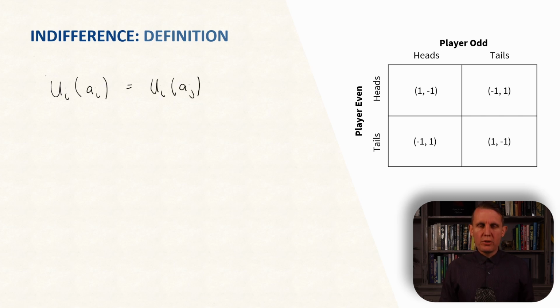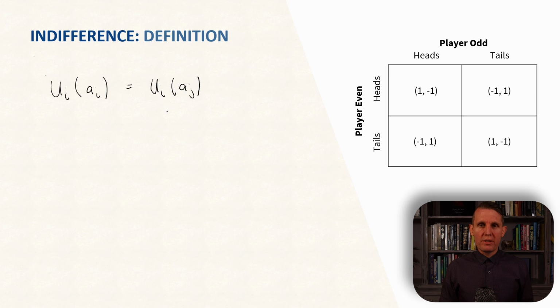In other words, for two strategies a_i and a_j that are available to agent i, the agent is indifferent between those if the expected utility of these is the same. So what we've got here is two pure strategies or actions, and agent i is indifferent between those if the expected utility is the same.